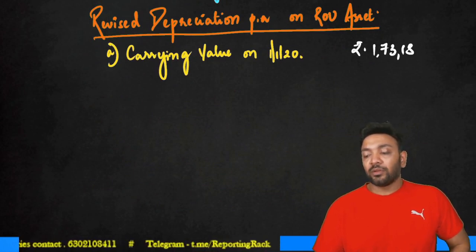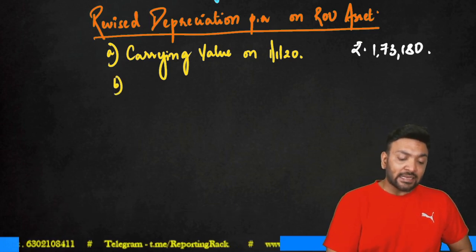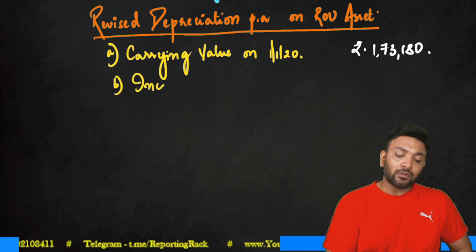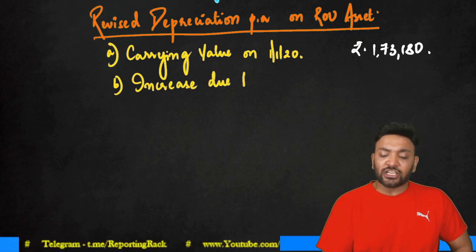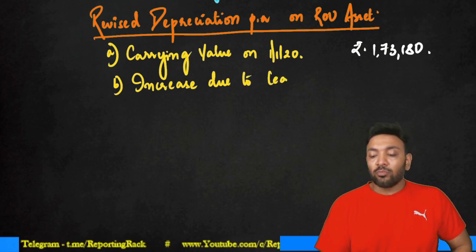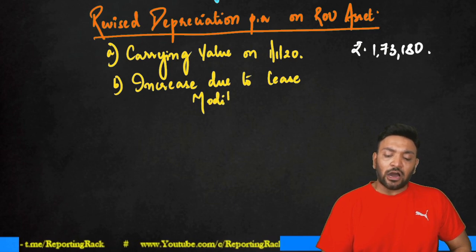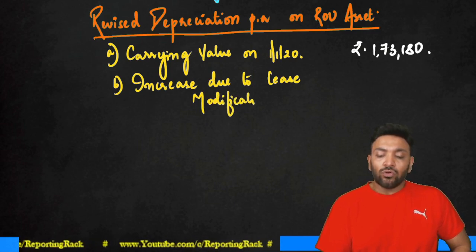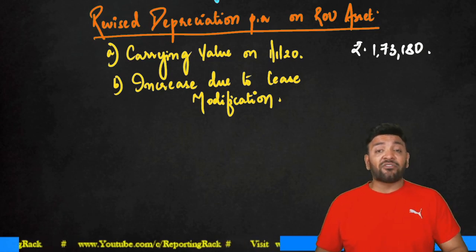I have arrived at the value of 173,180. But this value of ROU asset is increasing, increased due to lease modification. Because there is a lease modification, there is an increase in the value of ROU asset. What was the increase in the value of ROU asset arising due to lease modification?